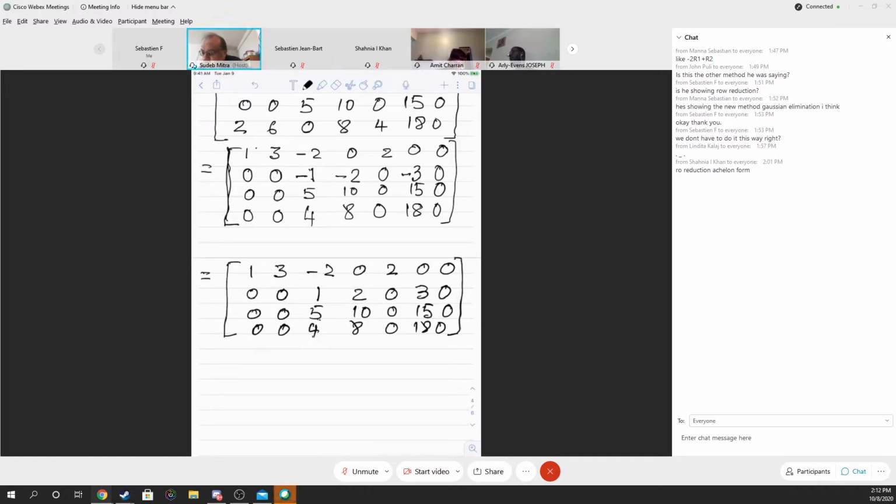I want to make this 0. See, I want to make this 0, this 0. So that's again very simple. Do not disturb your first row at all. Multiply the second row by minus 5, add it to the third row.